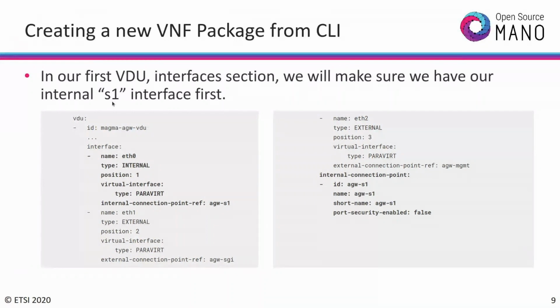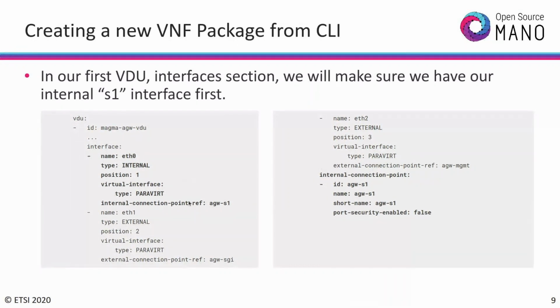In the first VDU, which we call Magma Access Gateway VDU, we have interfaces called Ethernet 0, Ethernet 1, and Ethernet 2. By default, the package create command will create everything as external connection points.